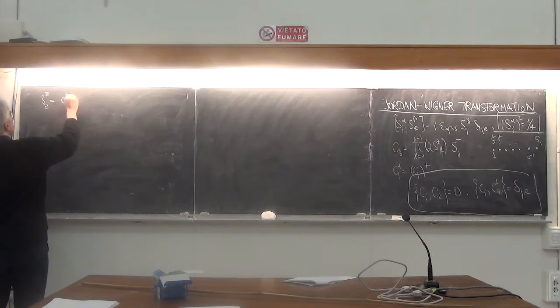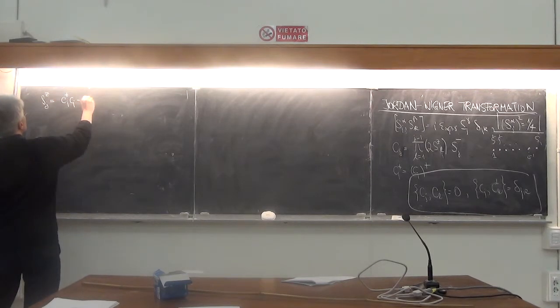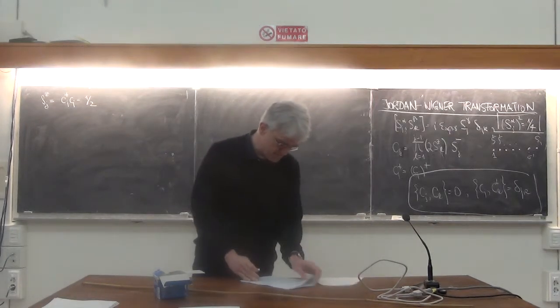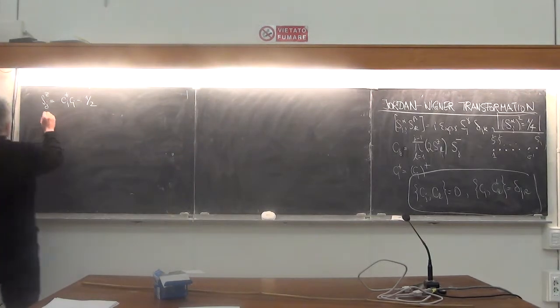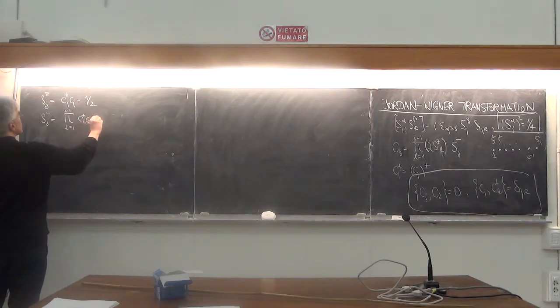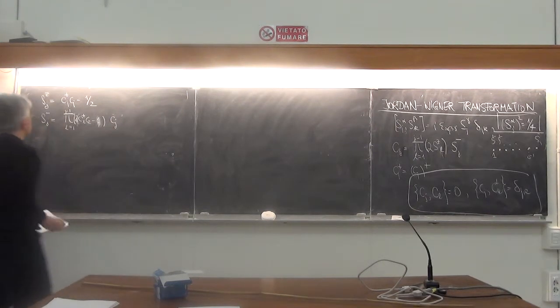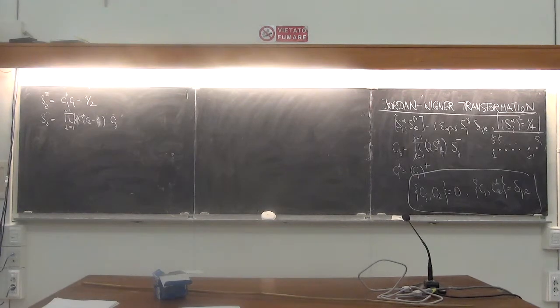So S_j^z is c_j† c_j minus a half, and S_j^- becomes the product over l equals 1 to j minus 1 of (1 - 2 c_l† c_l) times c_j. That's the inverse transformation.